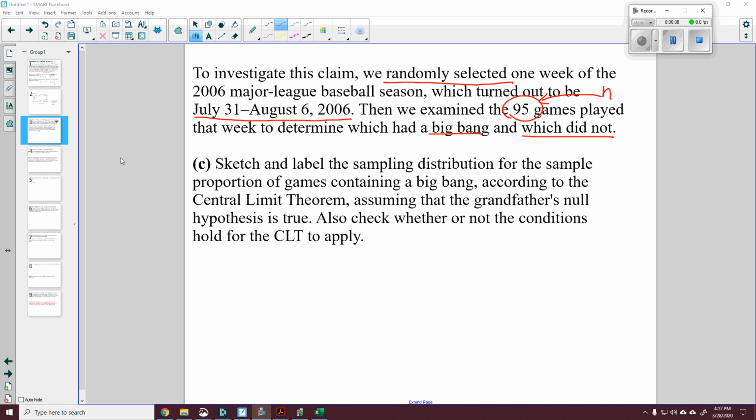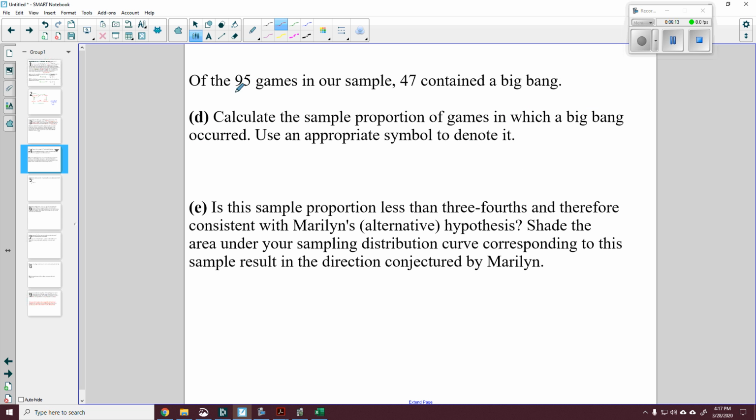So they kind of didn't give us a piece of important information, which is actually on the next page here. It says, of the 95 games in our sample, 47 contained a big bang. So there is our statistic, right? That is our proportion. That is our p hat, our proportion from the sample.